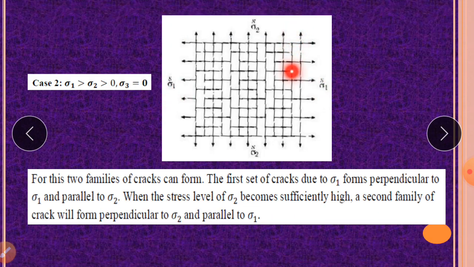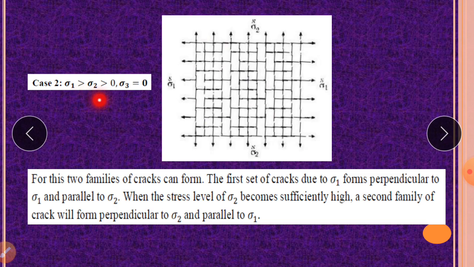You can see cracks perpendicular to the sigma 1 direction are going to be generated. According to this diagram, the first cracks generated are vertical lines of crack. So that is first formed.